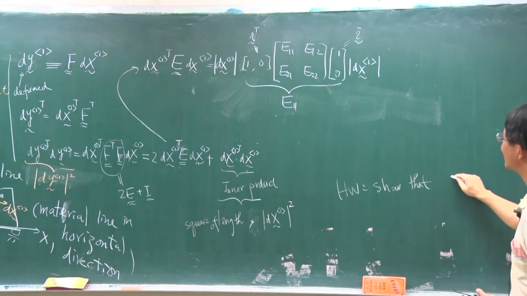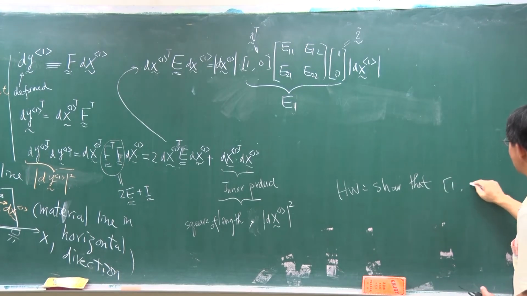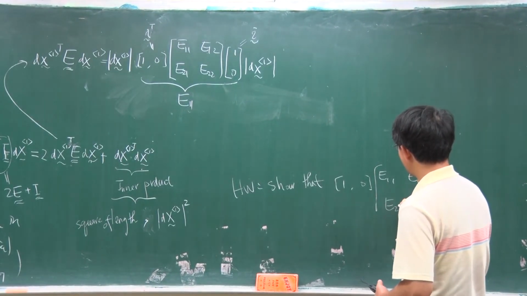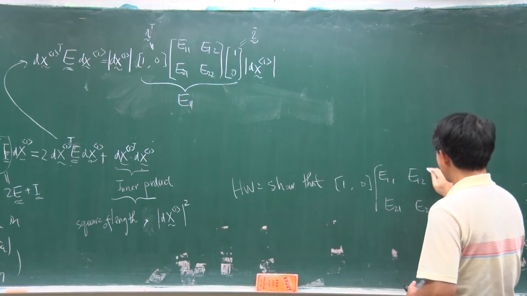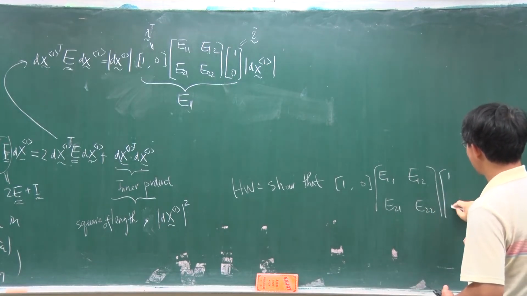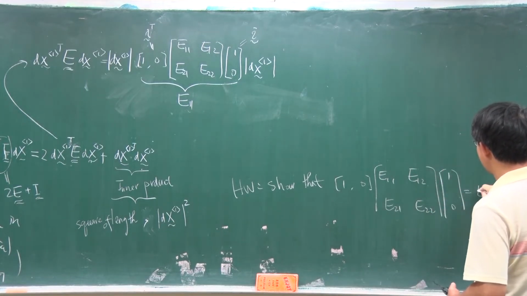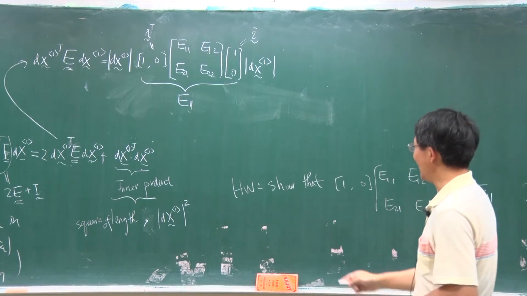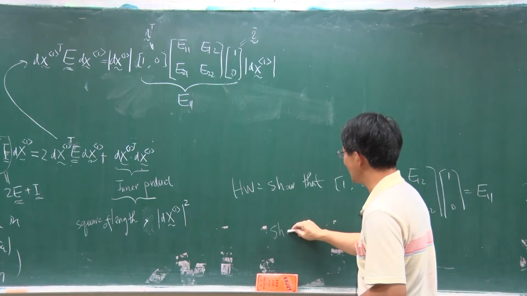So that 1, 0, E11, E12, E21, E22. Okay, show this to me, and again, show another one to me too.